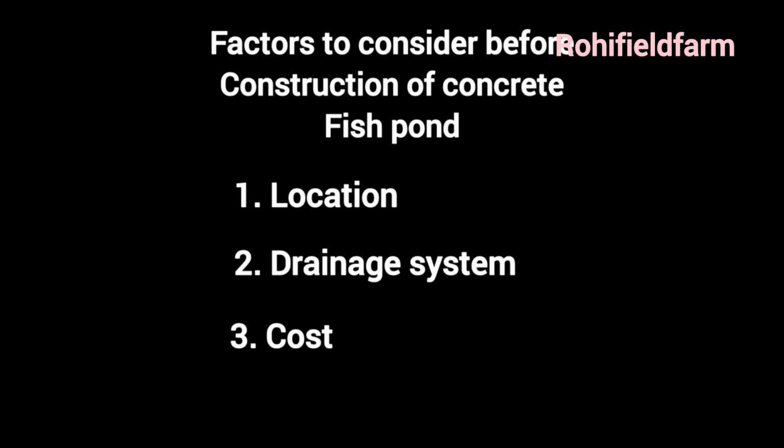Next is the drainage system. The drainage system is very crucial in constructing a concrete pond. If the drainage system is not good, the waste from the pond can cause nuisance to the environment or community, and it should be well taken care of. The drainage system is where the wastewater flows into when you are flushing out, because in the construction of the concrete pond, you will make use of what we call flow through.